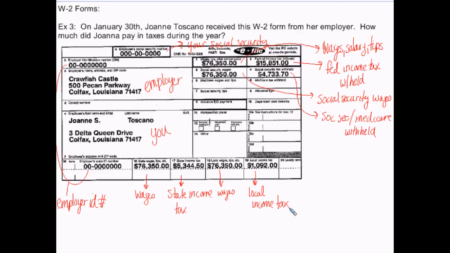So this box 1 could be less than this box 3. The reason being is because you pay Social Security and Medicare on your total income no matter what. There's no deductions for Social Security and Medicare, but you do have deductions for federal taxes. So your federal income wages can be lower than your Social Security wages because of those deductions. And whatever those deductions are would be listed in these blank spaces here.